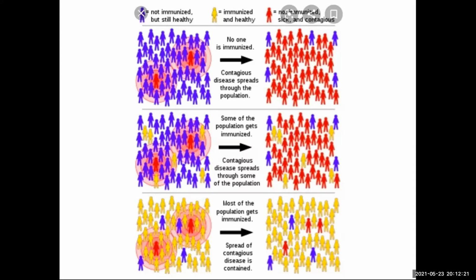So if you take the whole Sri Lankan population, about 6.1% has got at least 1 dose. Research has shown that even 1 dose will provide some immunity, but not full immunity.